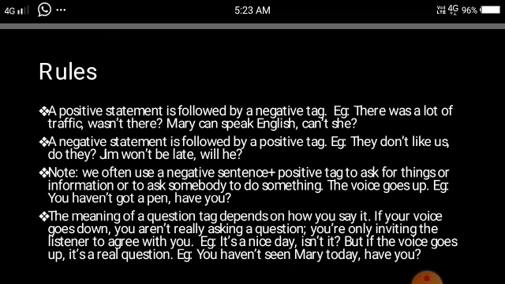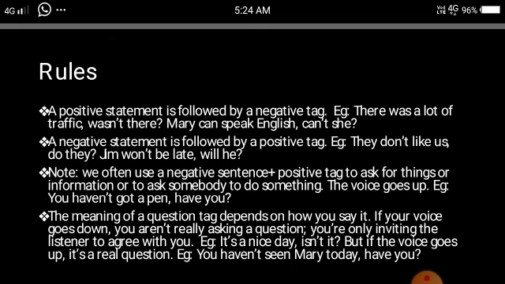Now looking at the second rule there, the second point. A negative statement is followed by a positive tag. When your statement is negative, use a positive tag. For example, they don't like us. When you add no, never, hardly, then the sentence becomes negative.